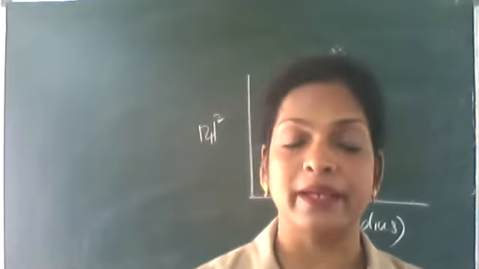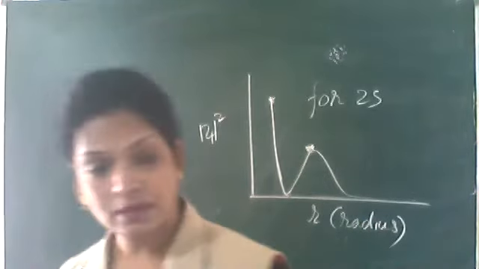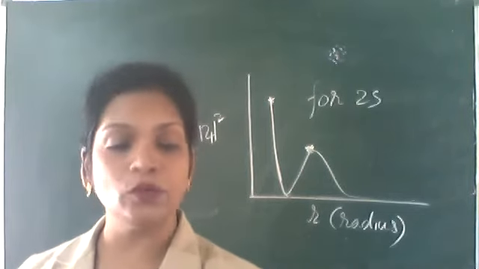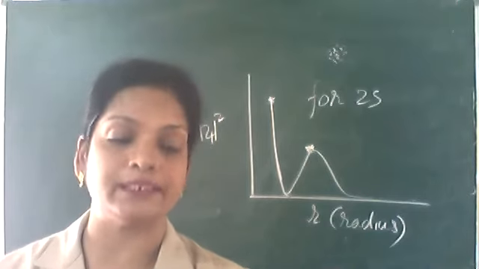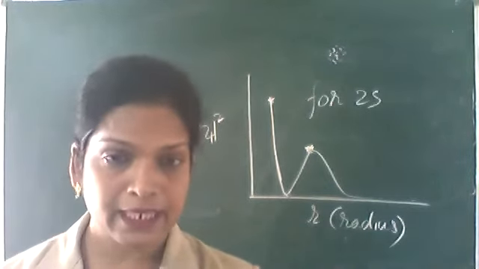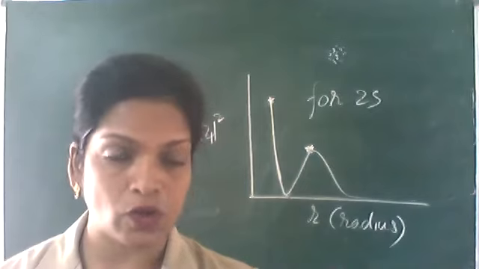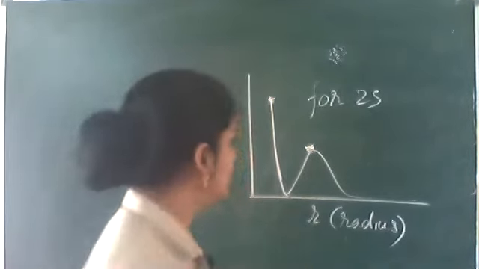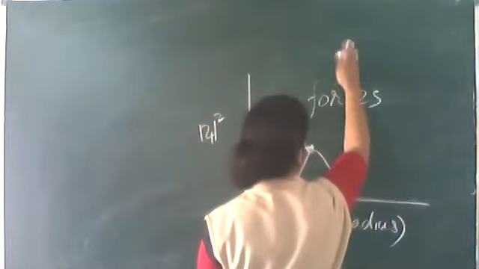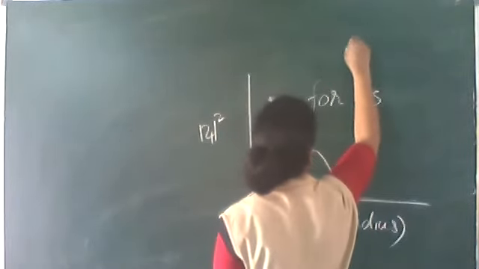So two maxima. In this way, at different distances, you will be getting the probability density. Now, in the case of 2s, there is already 1s inside. So the density for 2s is like this.